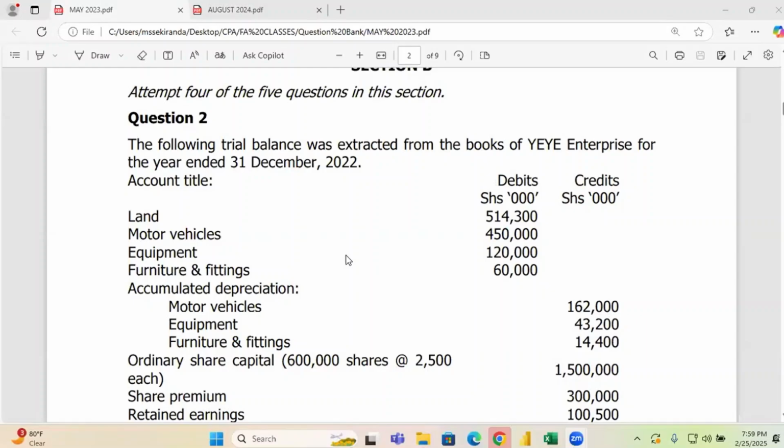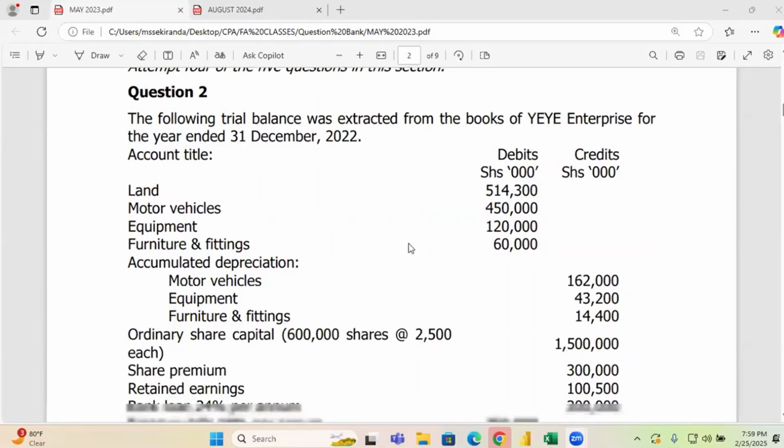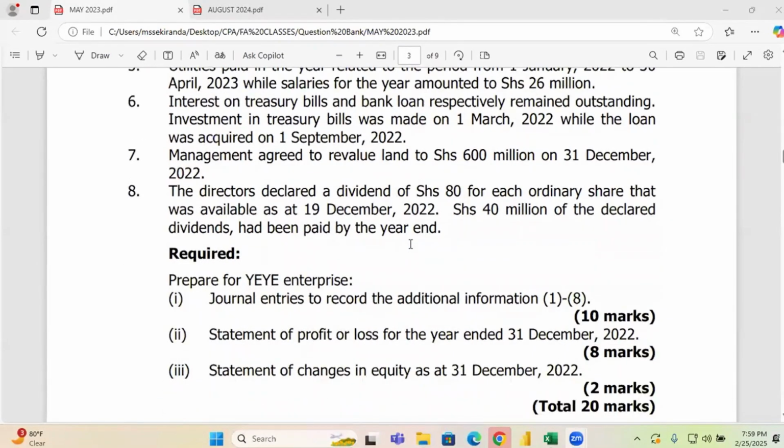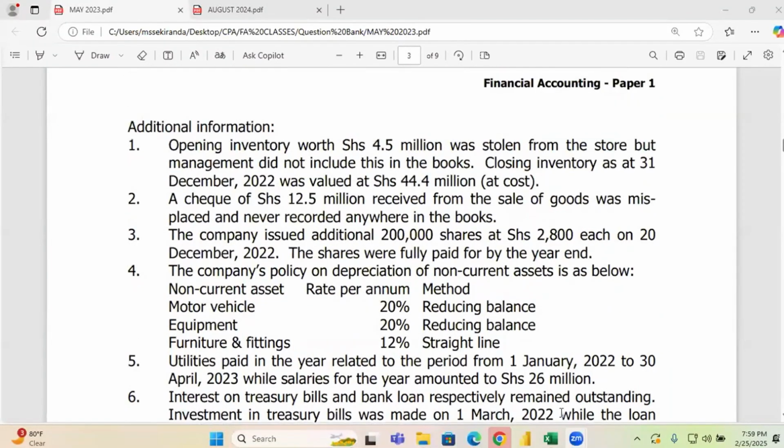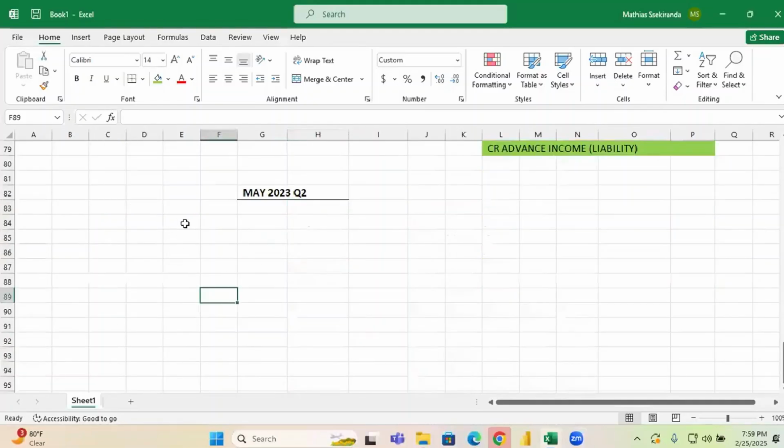Okay, we are on May 2023 question 2. So part A, the examiner wants us to pass journal entries for additional information 1 to 8. So journal entries, the format I gave you last week.